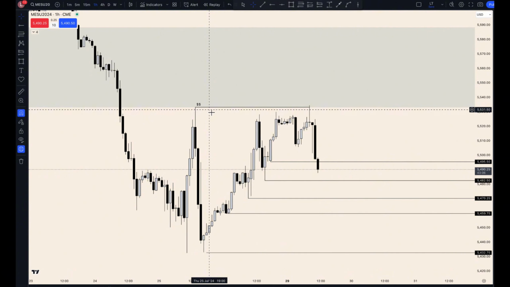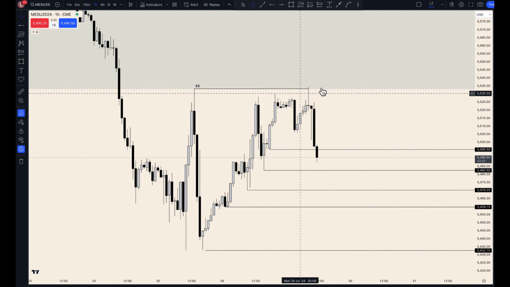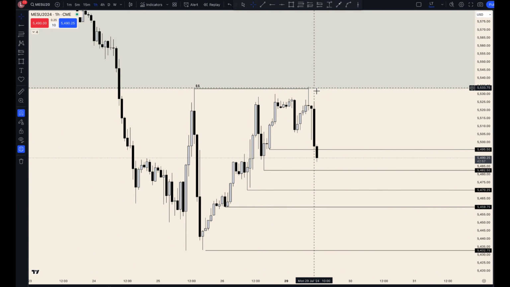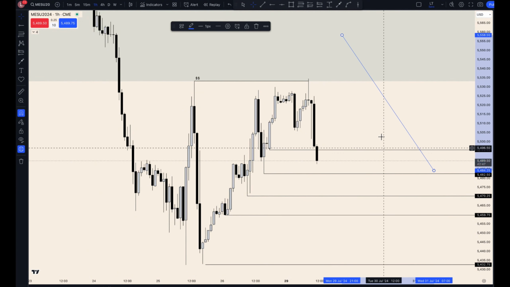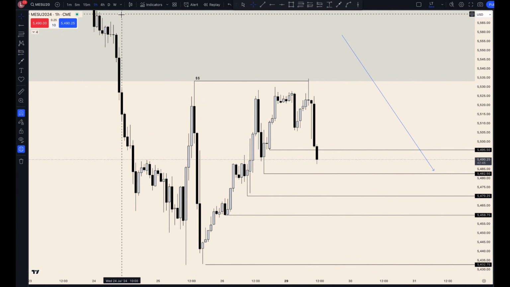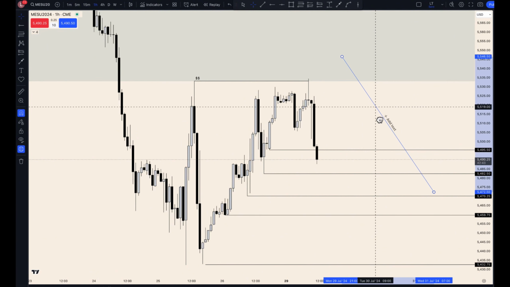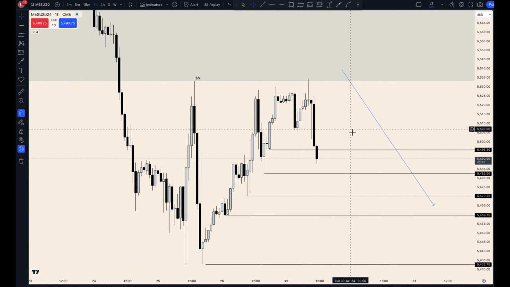It manipulates a level here, taking up all the buy stop orders and stop losses placed by retail traders before taking it all the way down. So we can see here that because high time frame bias is towards the downside, on the lower time frame, which is on the 1 hour, I would also be looking for a trade that goes towards the downside.